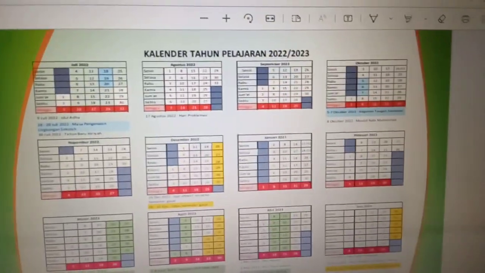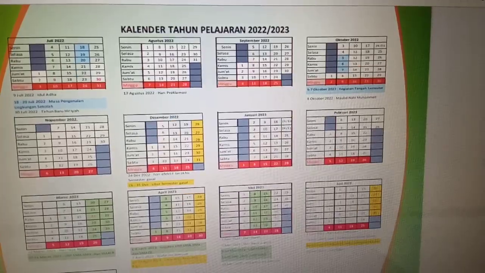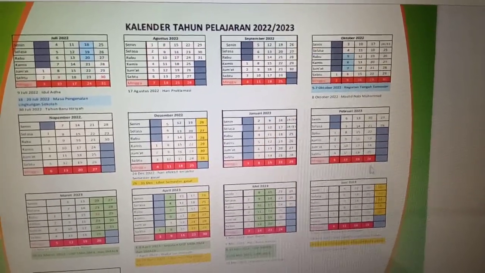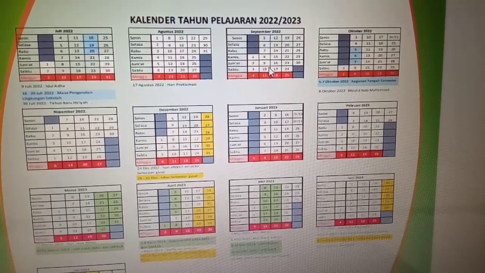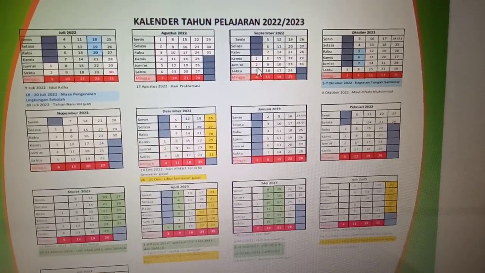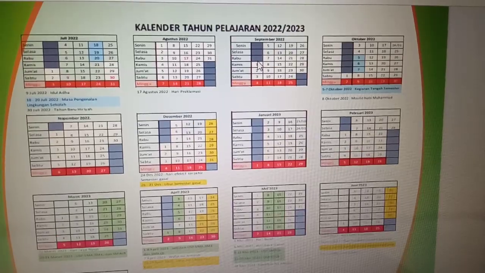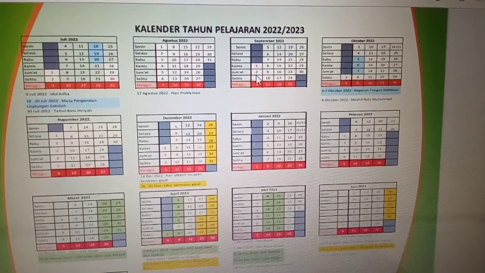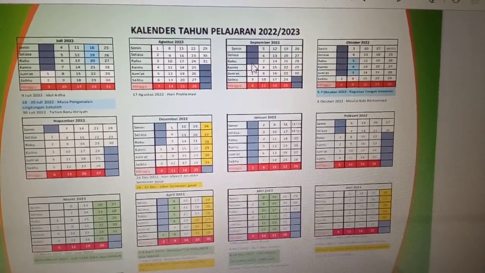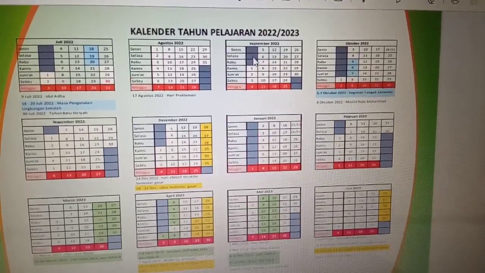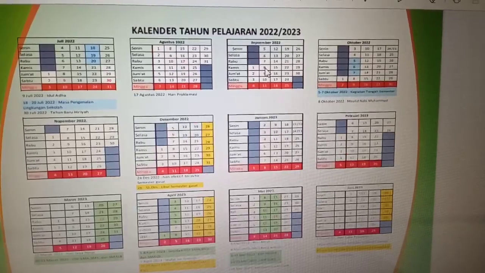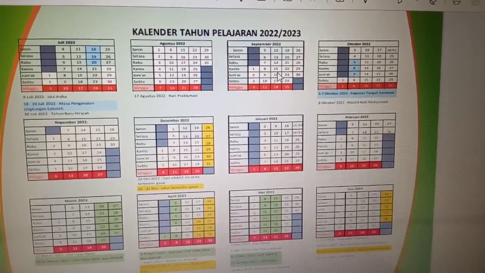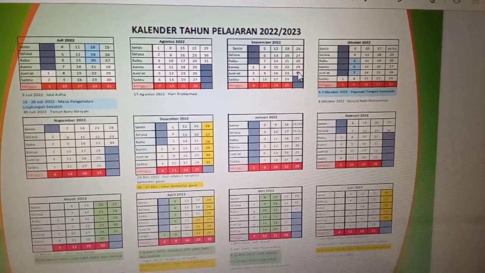Next, let us see the month of September. In the month of September, there are 4 weeks. We count from here because this week has only 3 days, while in order to be called a week, it has to contain at least 4 days. So we count from here: 1, 2, 3, 4 weeks.